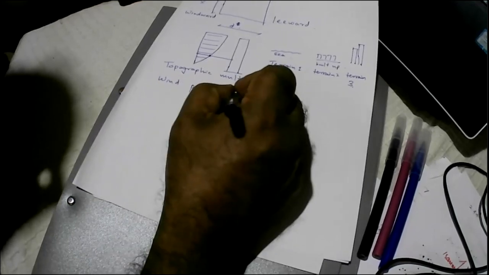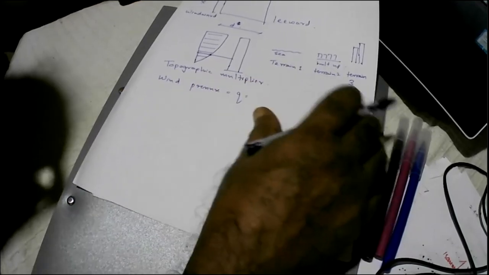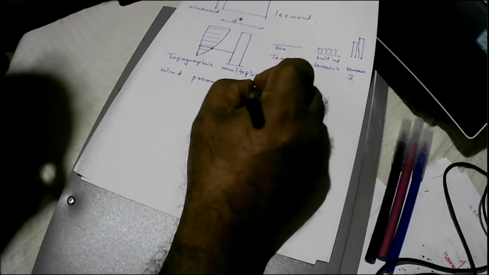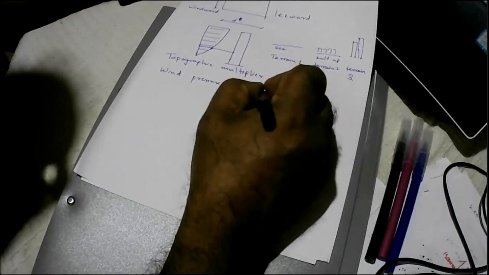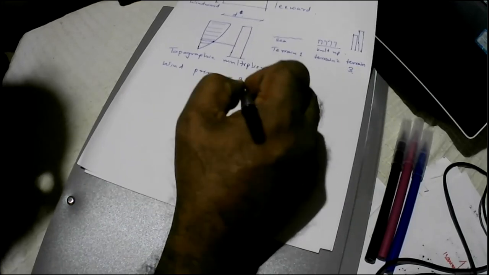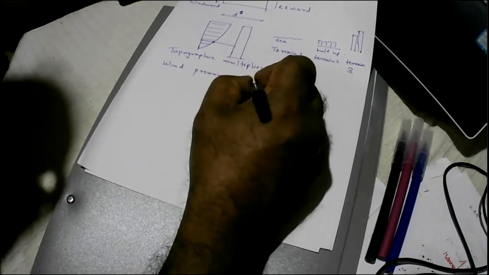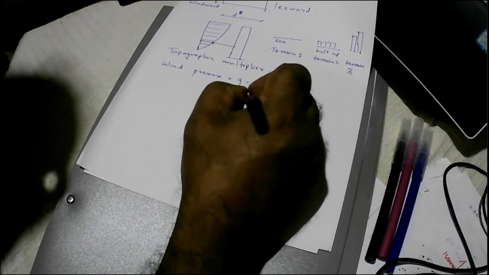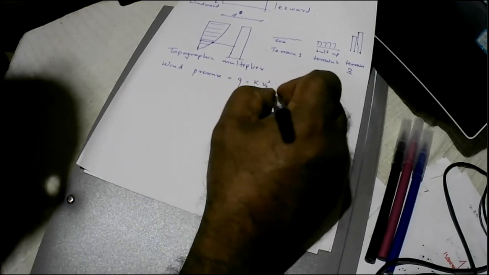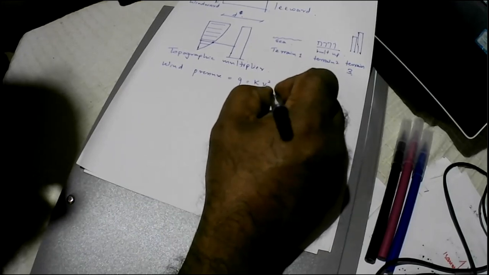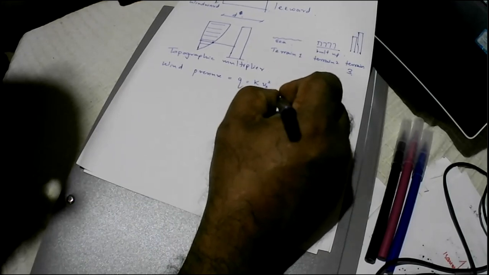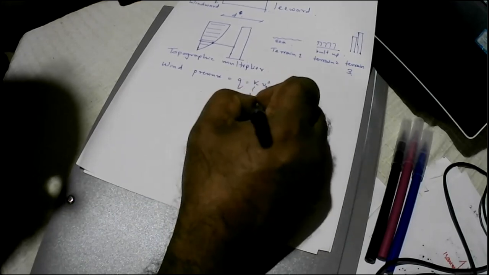And generally the wind pressure is given by Q, which is K times Vs squared, and this K value is half the density of air. The density of air is 1.2 kilograms per cubic meter, so you get 0.6, because rho is 1.2.